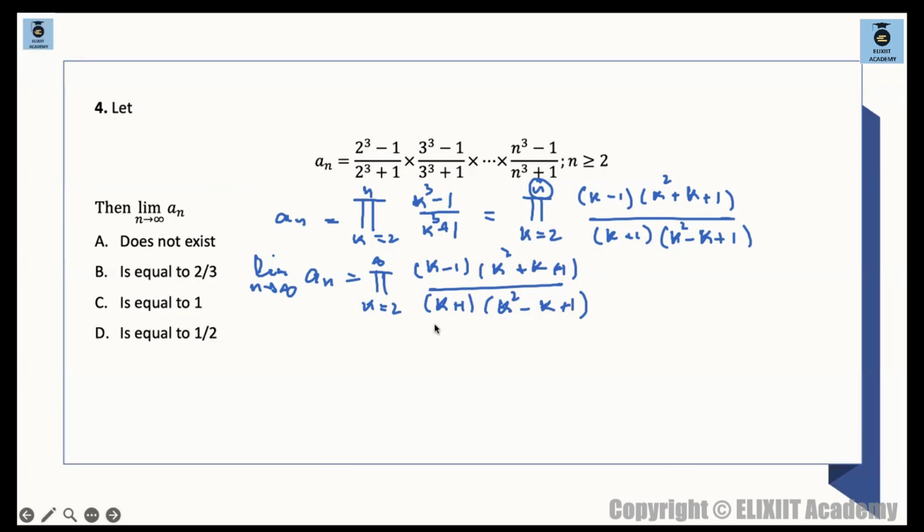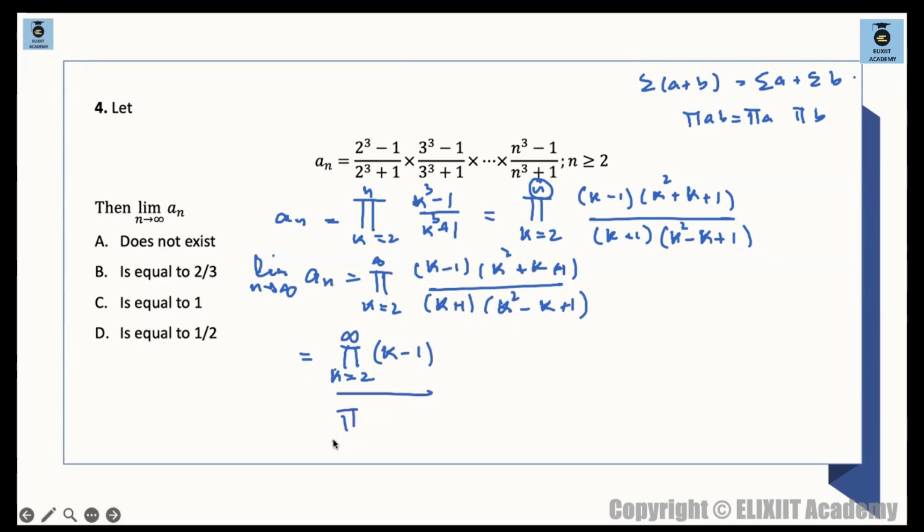Now you know that product is distributive over product. Summation is distributive over summation, like summation of a plus b is summation of a plus summation of b. Similarly, product of AB is product of A times product of B. So I'll distribute the products to each of these terms, all of which depend on k.